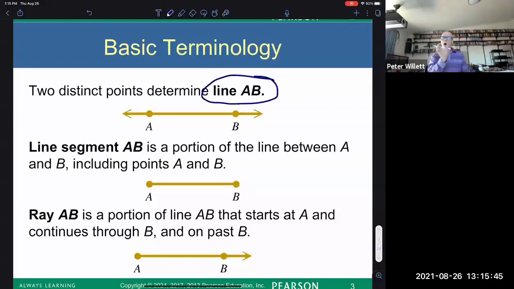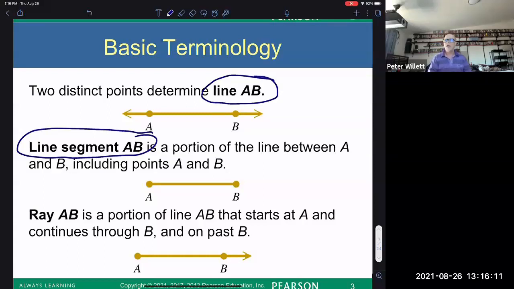If we actually wanted to just talk about the line that began at A and ended at B, then we would call that a line segment. And we would say the line segment from A to B, or line segment AB. And that means that you're just starting and stopping there and not going past that in either direction. And then, of course, the final alternative on the slide here is that you could keep going in one direction, but maybe you started at one point.